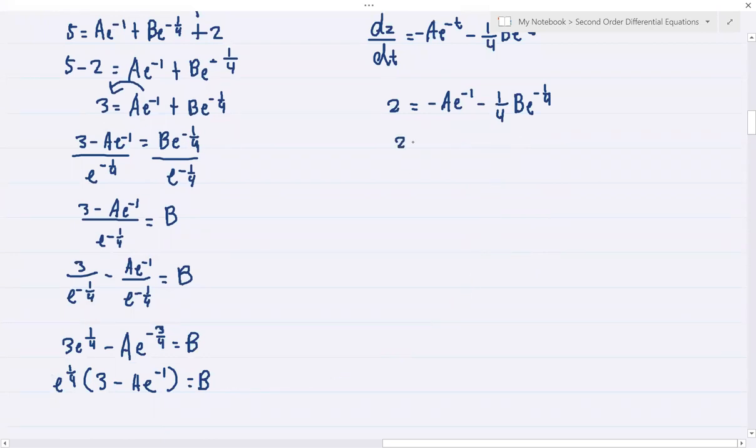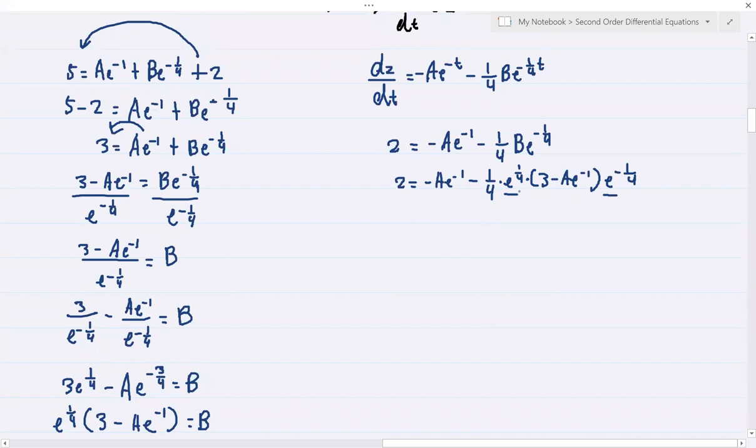So we will have 2 is equal to -a e raised to -1 minus 1/4 times e raised to 1/4 times quantity 3 minus ae raised to -1 times e raised to -1/4. So as you can see, we have two e's and they have their own exponents. So if you're going to find the simplified form of e raised to 1/4 times e raised to -1/4, it is 1. So they will be cancelled. But if you want me to take it slow, then there's no problem.